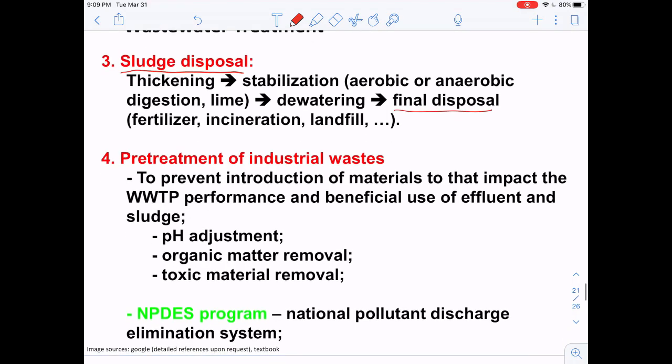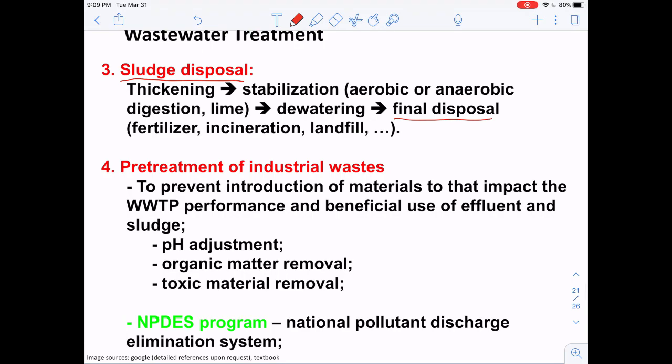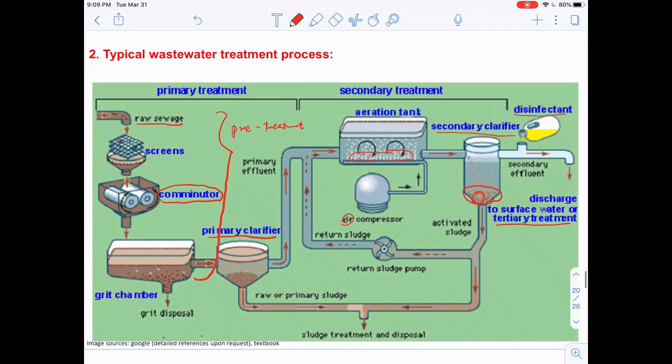And in terms of the pre-treatment of the industrial waters, again, this really depends on the definition of different treatment processes. The wastewater treatment plant will also adjust the pH or remove some of the organic matter or toxic material, right? We're trying to do this to avoid damage to the other parts of the wastewater treatment system.